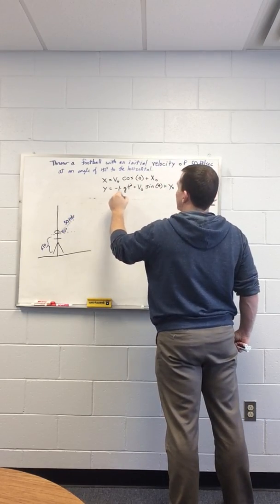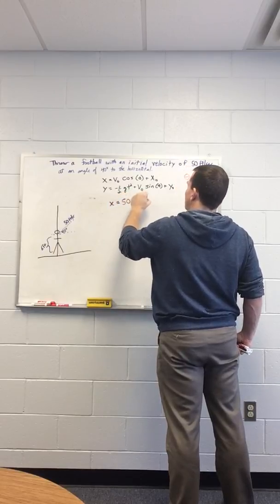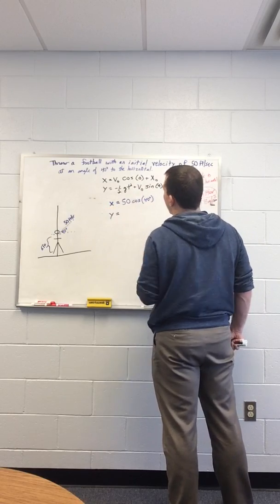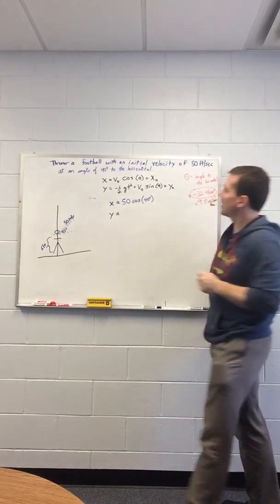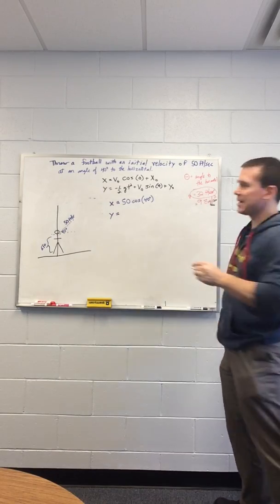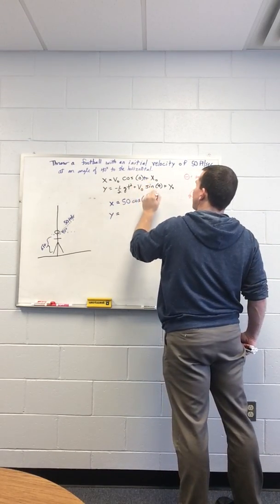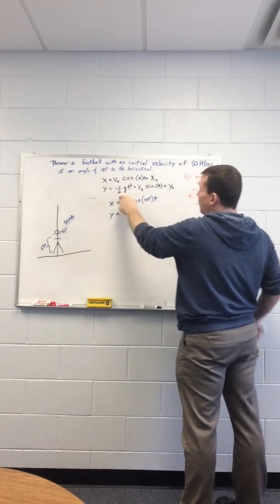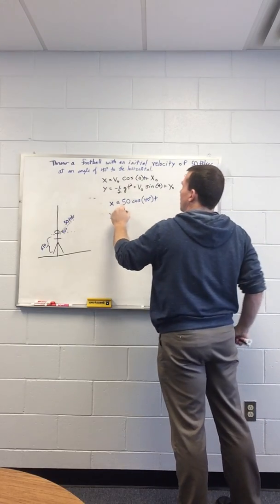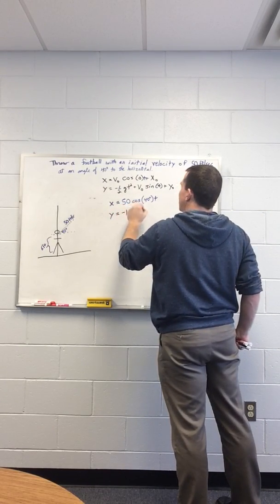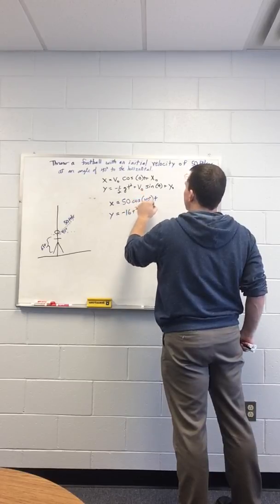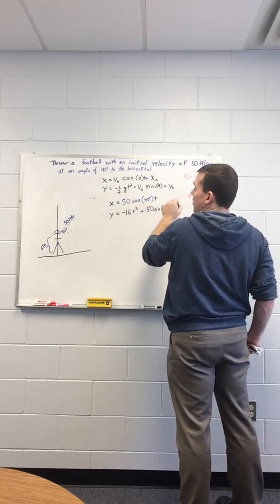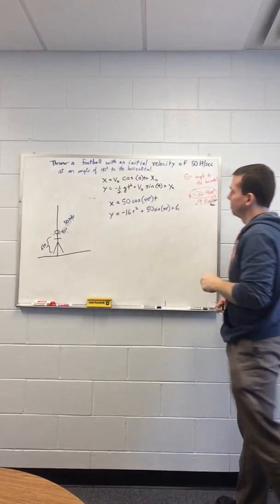So I should be able to set up these equations. X is equal to 50 cosine 40 degrees t plus 0, so we can just leave that off. Y is equal to negative 1/2 times 32, which is negative 16 t squared, plus 50 sine of 40 degrees t, plus y sub 0, which we said was 6.